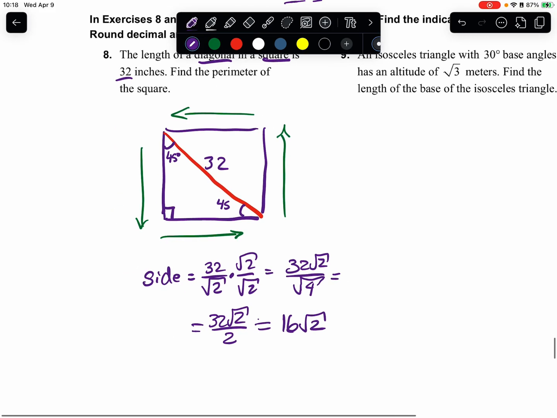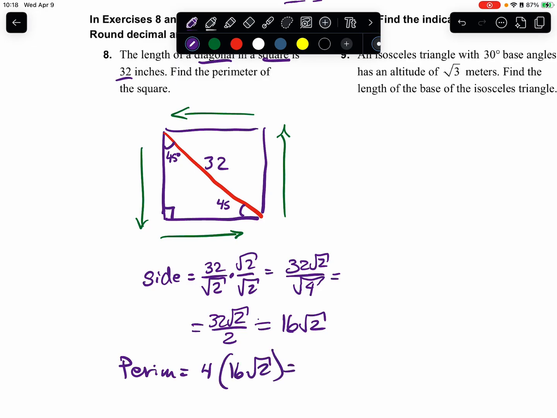Now that's just the side. I've got 4 of them. So the perimeter is 4 times 16 radical 2. Right? All 4 sides, they're all the same. So 64 radical 2. Again, I look back at the problem. Are there any units? And I see inches. So this is inches.